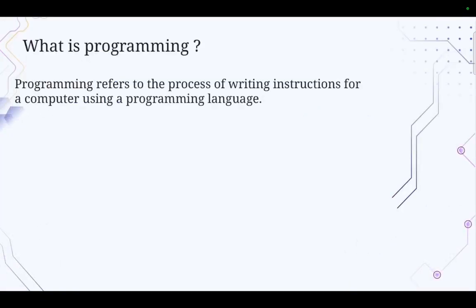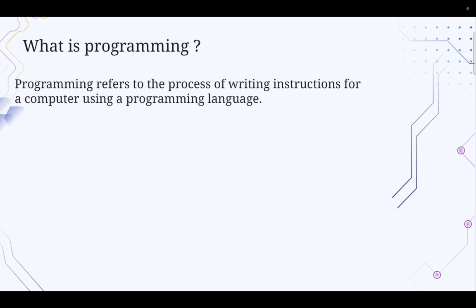What is programming? Programming is simply the process of writing instructions that a computer can understand and execute. These instructions are written using a programming language like Java.